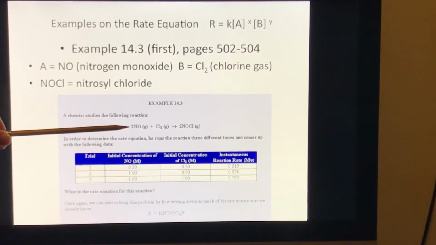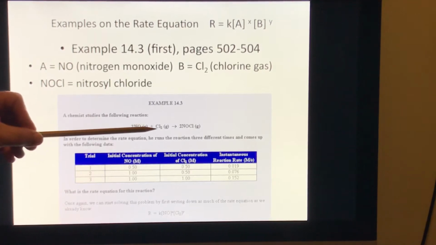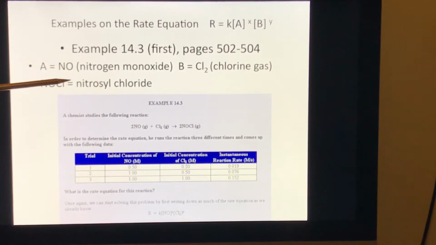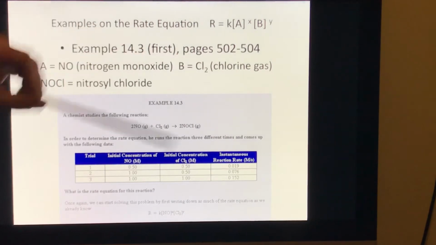In this reaction, we have nitrogen monoxide combining with chlorine gas. And so our two reactants that go into this equation are the nitrogen monoxide, that's our A, and our B is the chlorine gas.